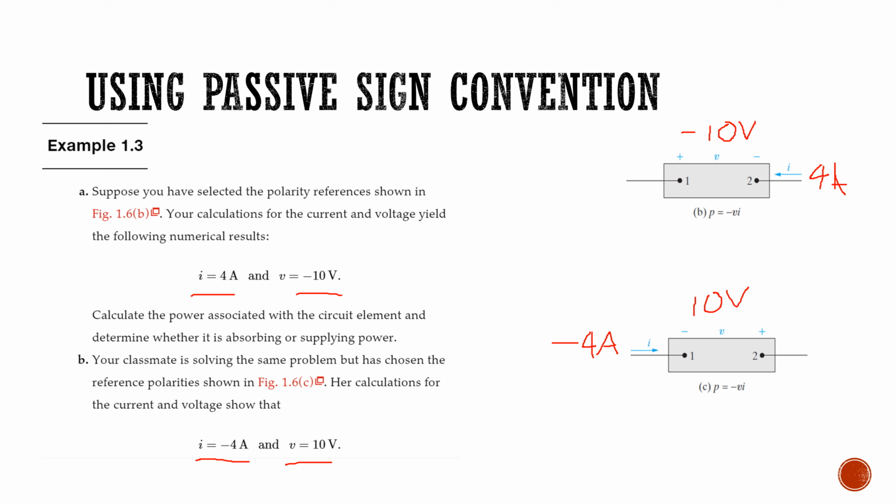So let's take a look at the differences here. The polarity of the voltage is opposite, and the signs of the voltage is opposite. The direction of the current is opposite, and the signs of the current are opposite.